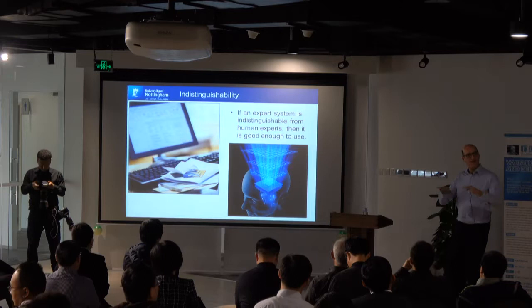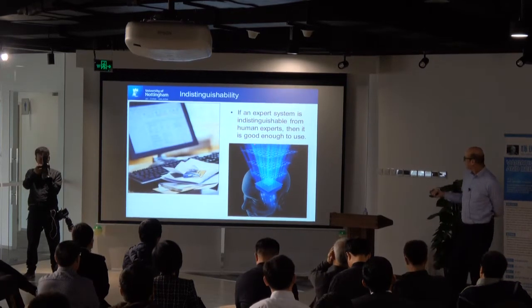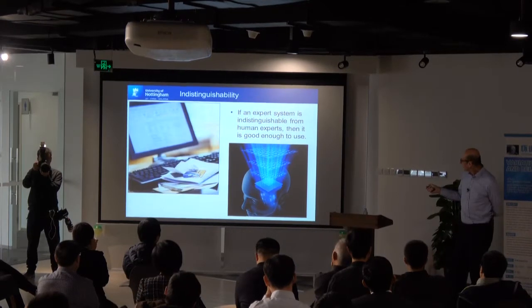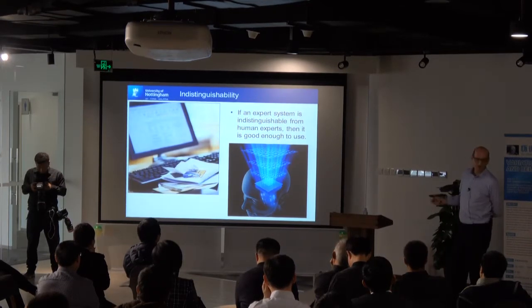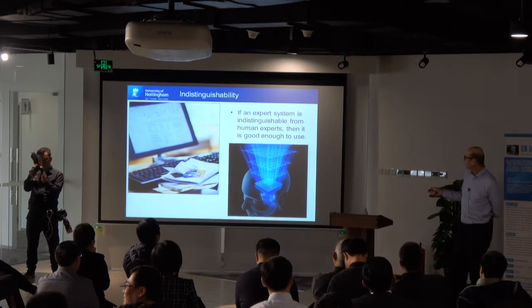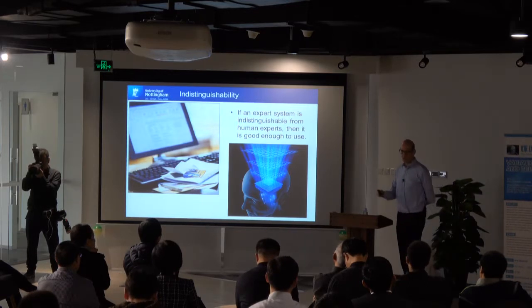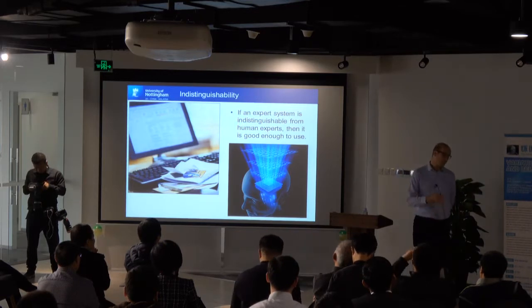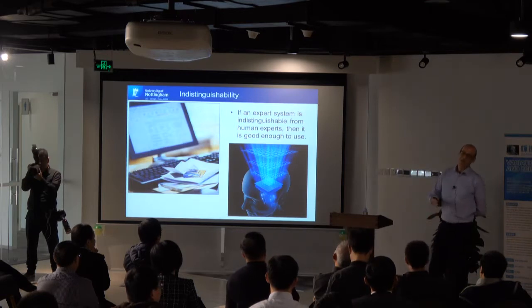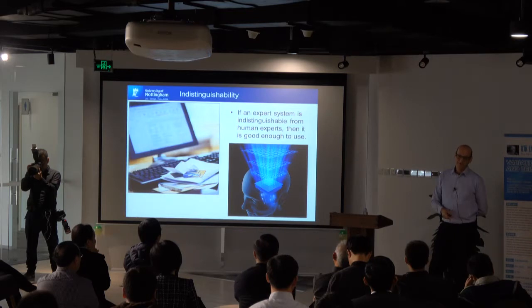We can't set any level of performance on an expert system. The test for whether an expert system is good enough to use is if the expert system is indistinguishable from human experts, okay, then it's good enough to use. So it doesn't have to be perfect. It has to be as good as the best humans.